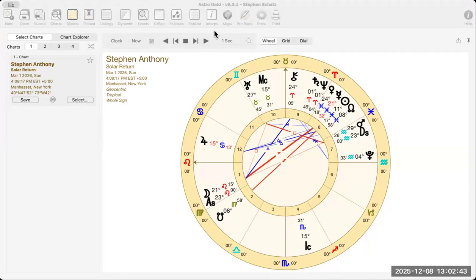What are we looking at here? Nope. Okay. Essential dignity. Oh, actually, the moon has.